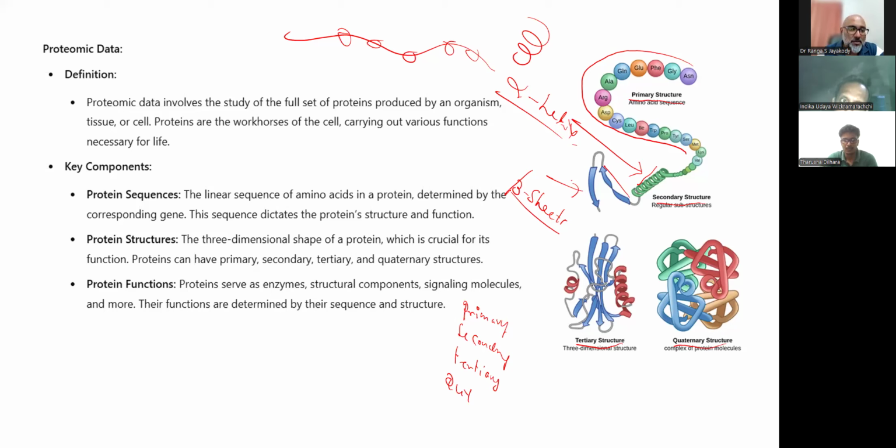You can take 2, 3, 4, maybe 100 structures and try this exercise to see if there is a general pattern. What we are trying to identify is whether there is any specific amino acid sequence or pattern that makes an alpha helix, and can we identify a specific sequence that makes a beta sheet?